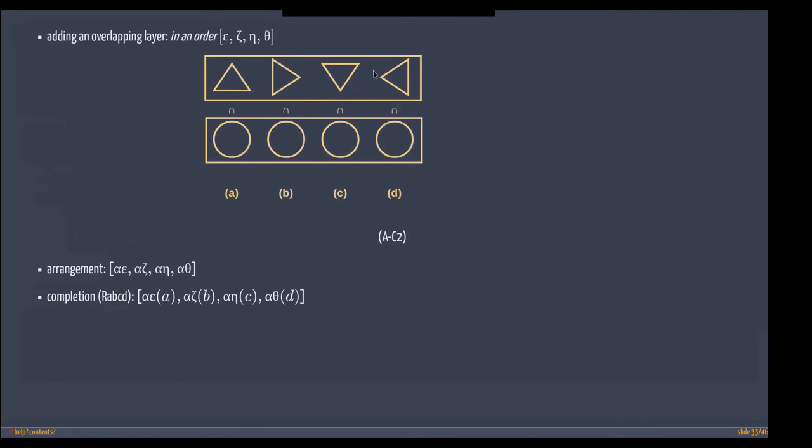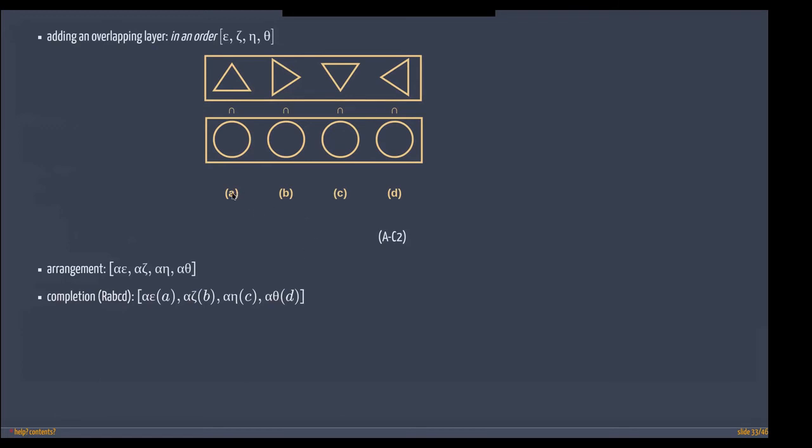This is a layer that is non-symmetric, and this is a layer that is symmetric. About the completion R, A, B, C, D, we can say that it is symmetric because it is partially symmetric. What that means is it has a layer for which it makes no difference where we plug in any of the objects.